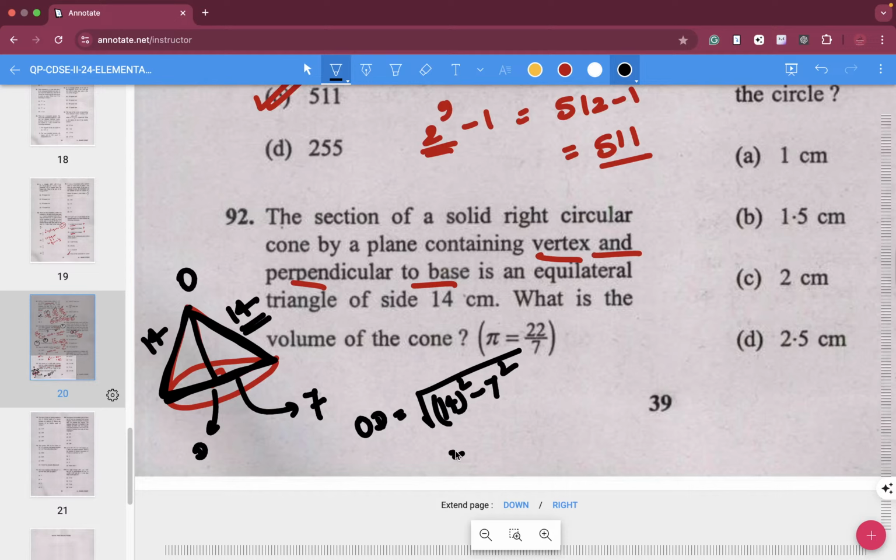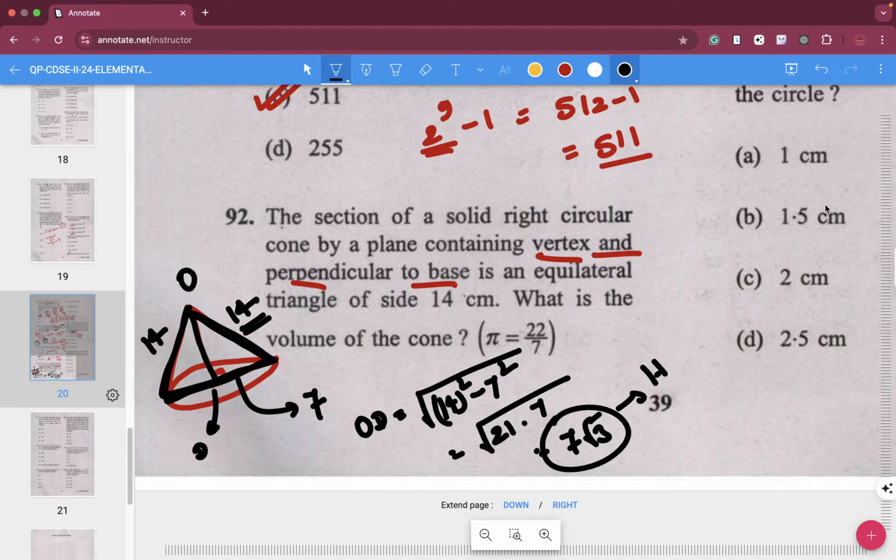Using a plus b into a minus b, this is 7 root 3. So 7 root 3 is the height of the cone.